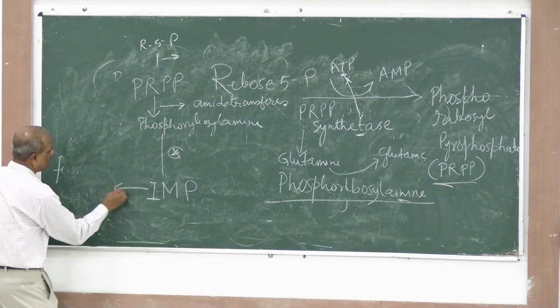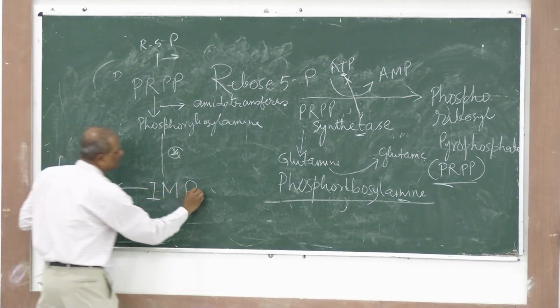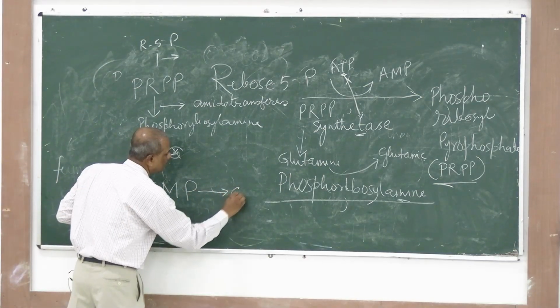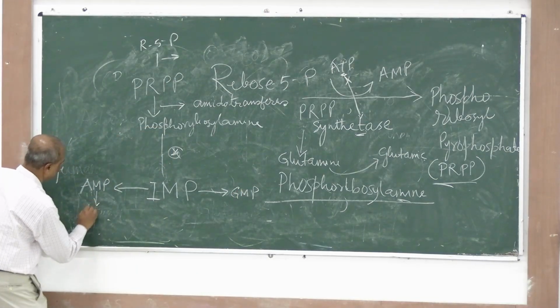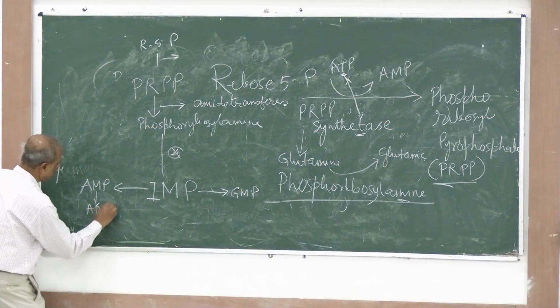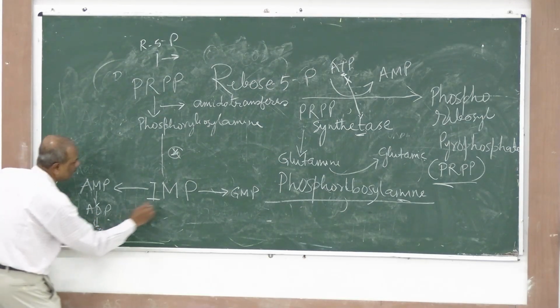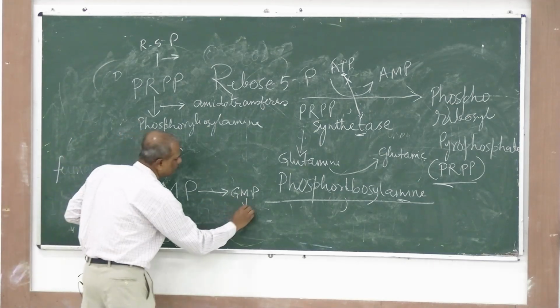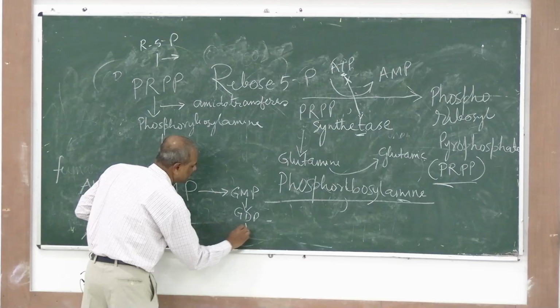And then from here, AMP is formed and GMP is formed. And from AMP to ADP, ADP to ATP. Similarly, from GMP to GDP to GTP.